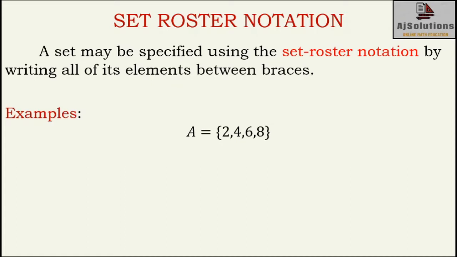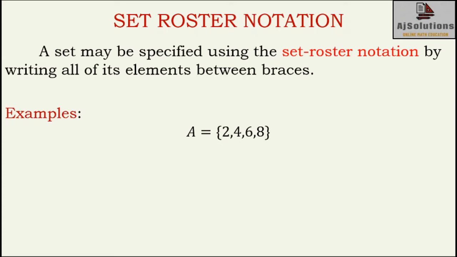If it is too large, you can't keep on writing each and every element of the set. So in that case, we either write some of them so that it will be clear what kind of elements are there in the set, and sometimes we write that set in set builder form.